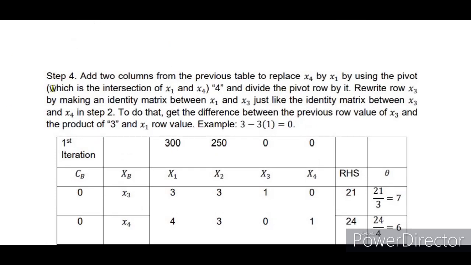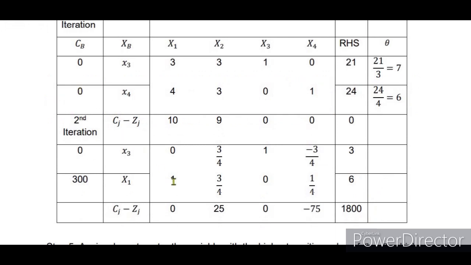Next instruction is step number 4. Rewrite row x sub 3 by making an identity matrix between x sub 1 and x sub 3, just like the identity matrix between x sub 3 and x sub 4 in step number 2. So to do that, get the difference between the previous row value of x sub 3 and the product of 3 and the x sub 1 row value. So we now do that. So why do we choose the value 3?